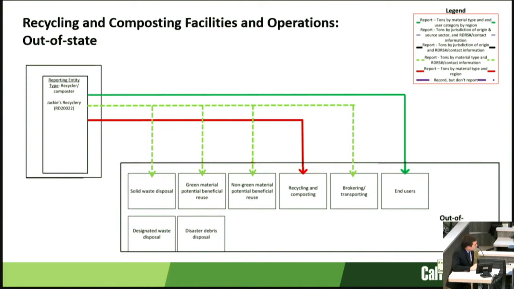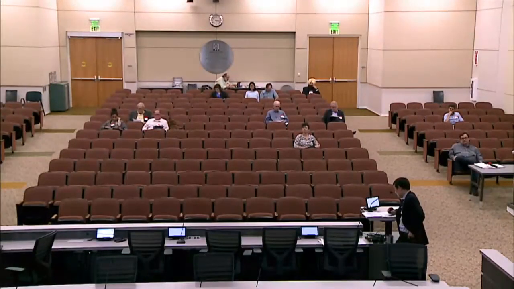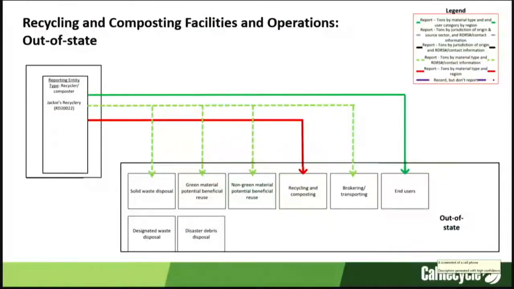Everything else that I just covered for in-state also pertains to out-of-state as well. All right. So, any questions on this so far? Okay, that essentially will do it for recycling and composting facilities.